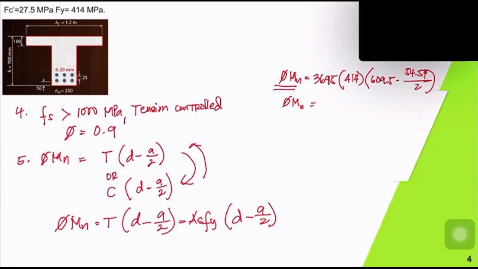You include the phi, so that is times phi. What is phi? 0.9.